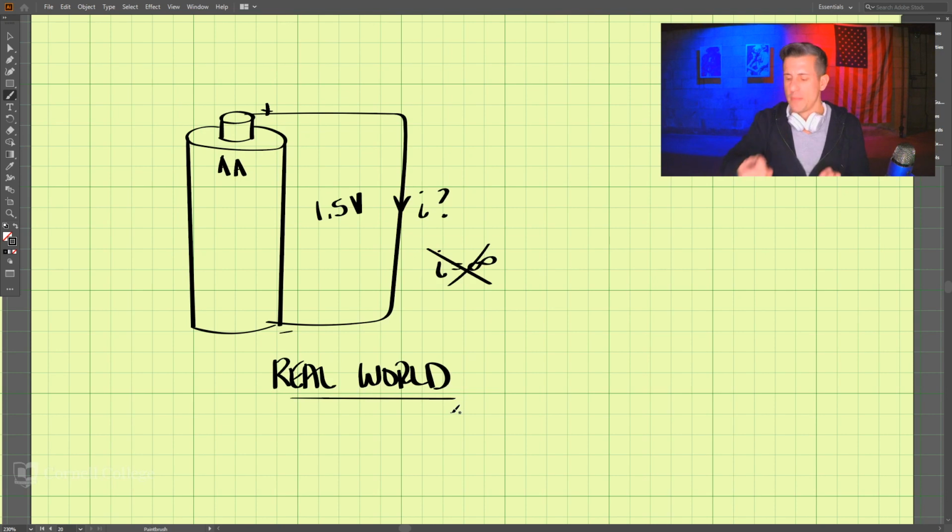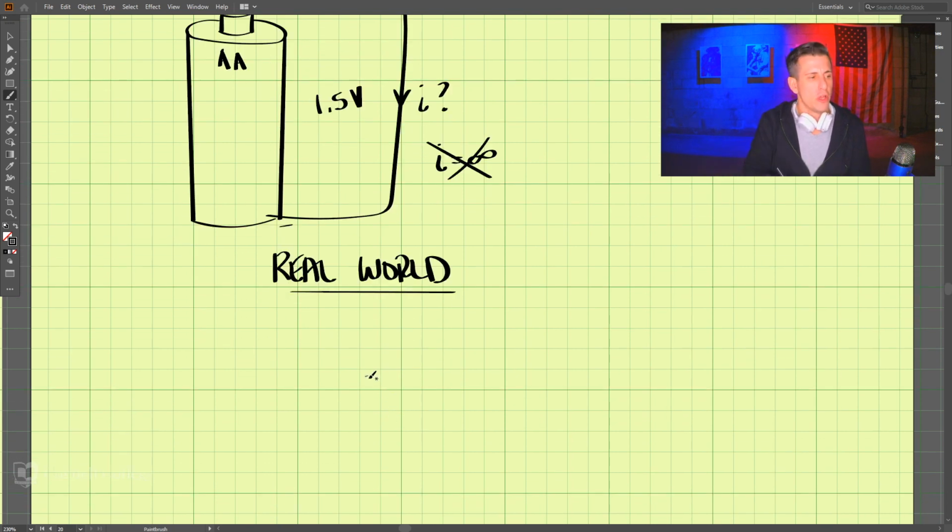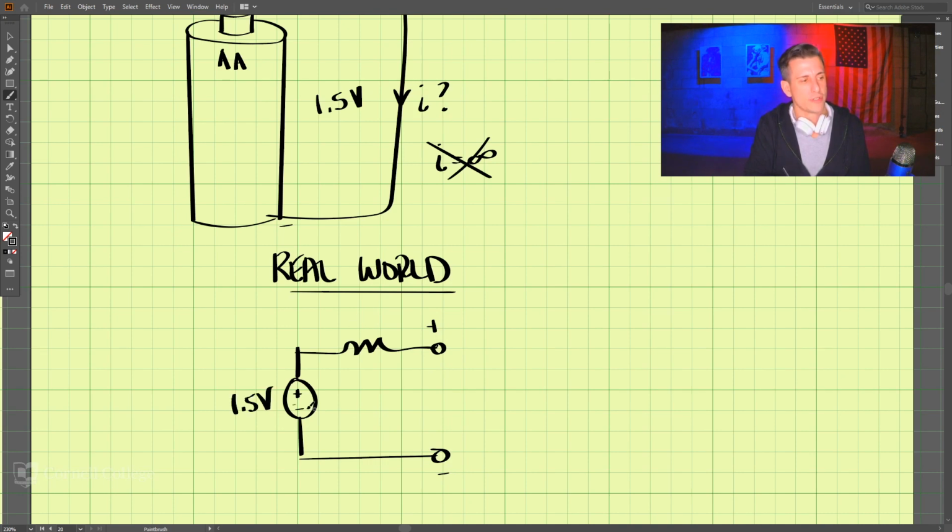So we can model a battery, and I'm going to model this battery. What the battery usually looks like is a voltage source, and it has some internal resistance. So here is our battery, and this is 1.5 volts, and the resistance is roughly, let's say, 0.15 ohms.